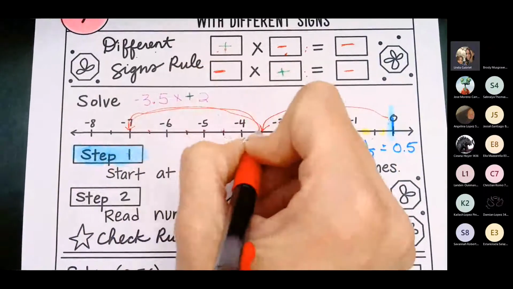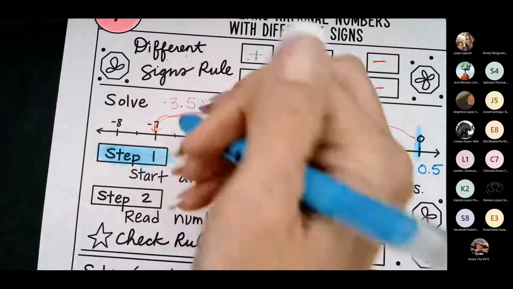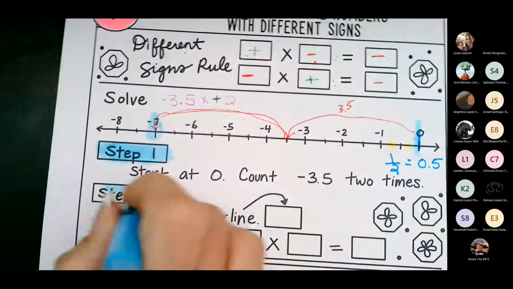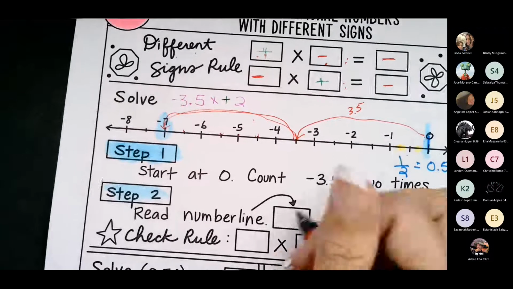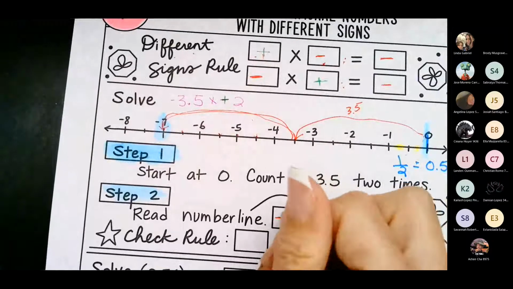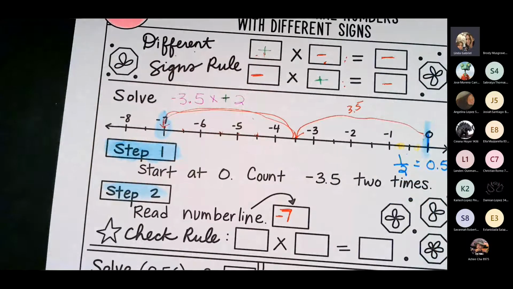Okay, now I need to read my number line. I'm here at negative 7, right? But my rule, I need to check my rule.